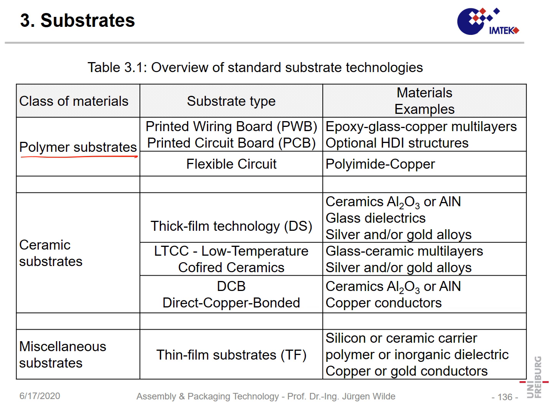And then we have miscellaneous substrates, which is typically thin film substrates. These are using silicon or ceramic carriers. Sometimes we even use polymer carriers. And thin film means we have only extremely thin layers of metal in the micrometer range.